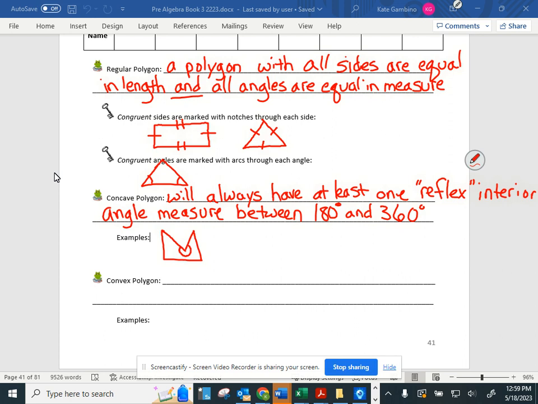Could cave in on multiple sides. It has to have at least one cave-in. Does that make sense? So you could have a multi-sided shape that has several cave-ins. There's a cave-in here, there's a cave-in here, there's a cave-in here. It's a concave polygon. Caves in one time, it's a concave polygon. Concave means at least one side is caved in.